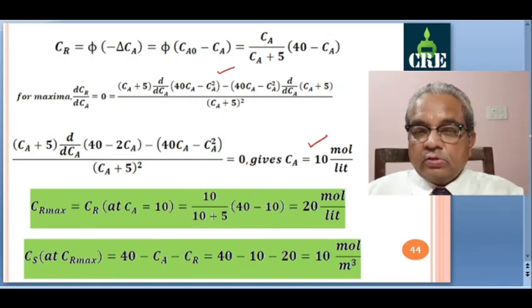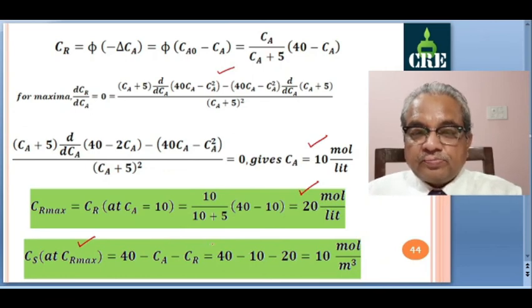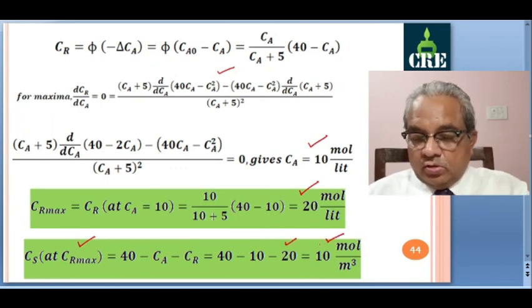So this is 30 into 10, 300 divided by 15. So 20 moles per liter. Total is 40. So CS at this CR max will be 40 minus CA, which is 10, and CR 20. So you get it as 10. Total should be 40.